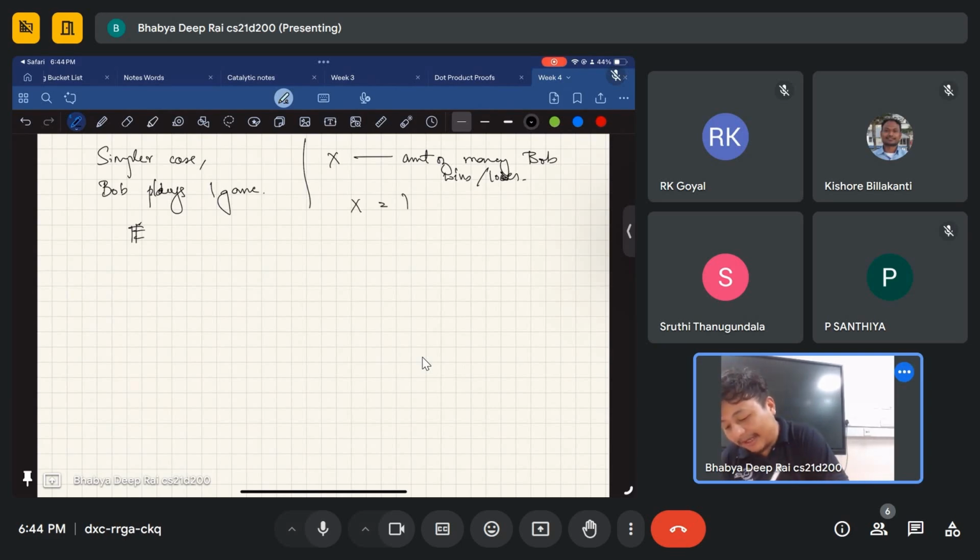So since he's either winning 50 or losing 50, I can define X to be 50 if Bob gets heads, with probability half, and he loses 50 with probability 1 minus P, which is half.